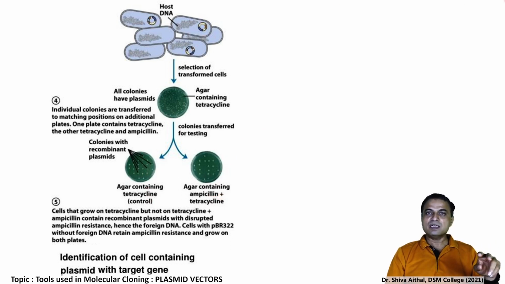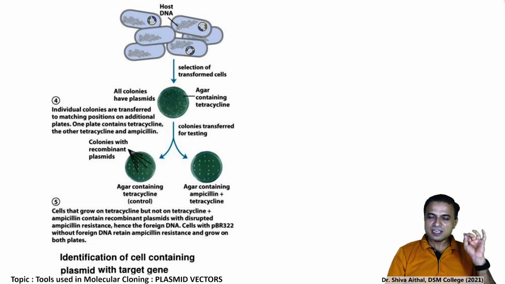So here there will be different colonies. Listen very carefully: the cells that grow on tetracycline but not on tetracycline plus ampicillin, these colonies are recombinant plasmids.